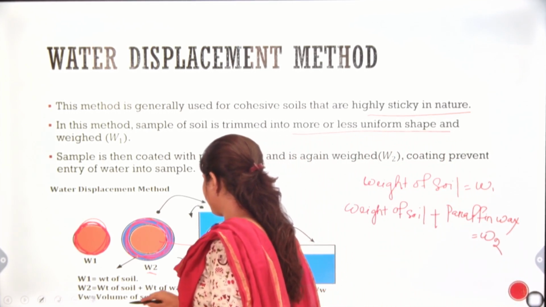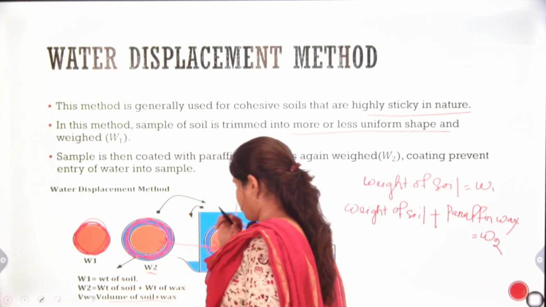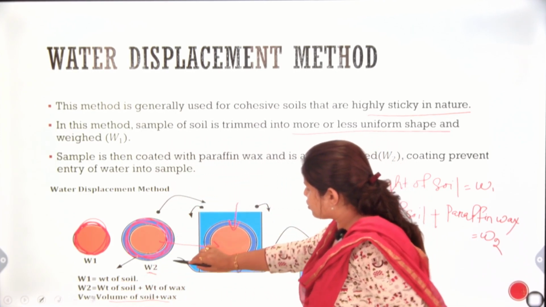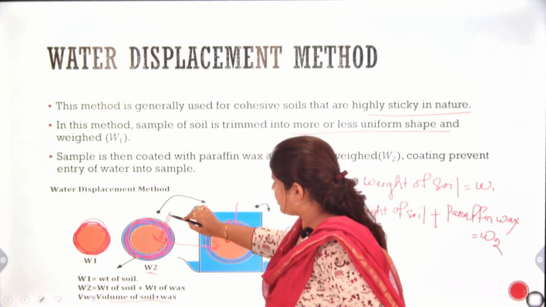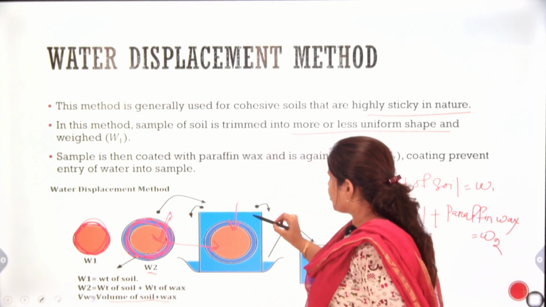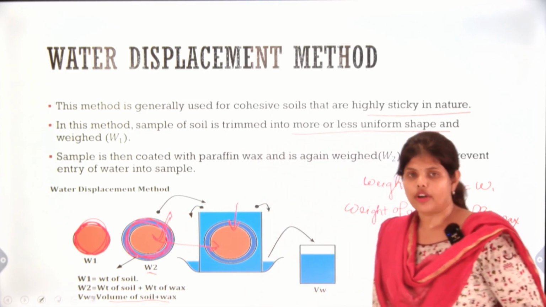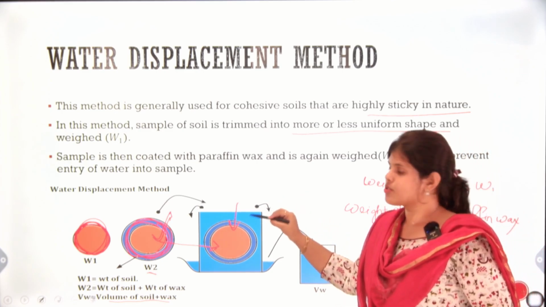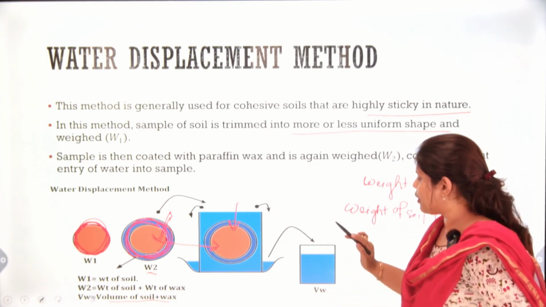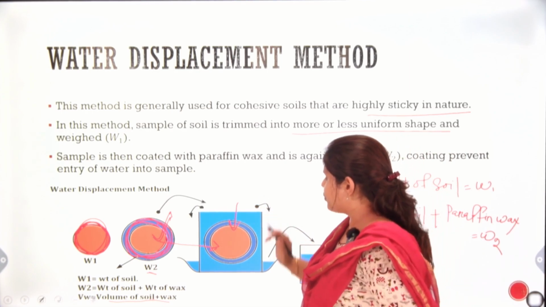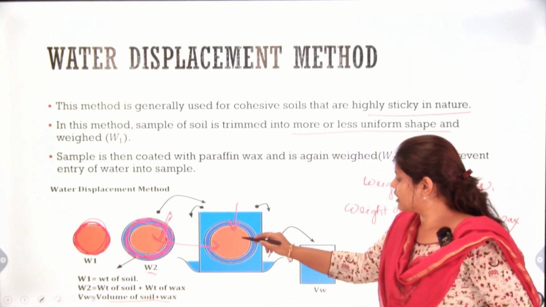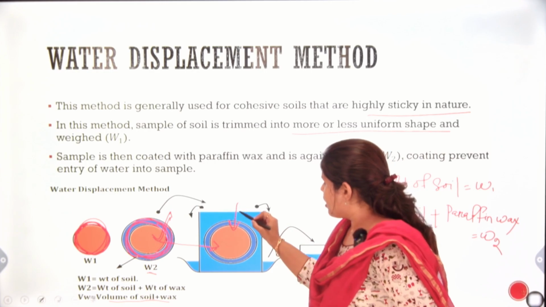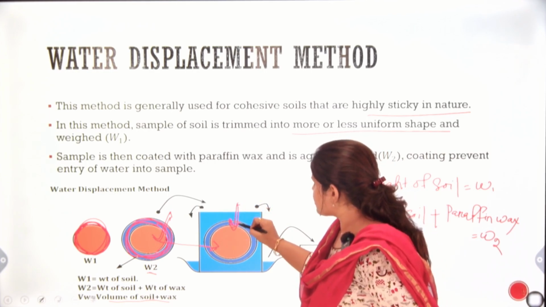And next what? The volume of soil plus wax. We will put the paraffin wax coated soil inside a container that should be filled with water properly. Okay, after putting the paraffin wax coated soil in, what happens?